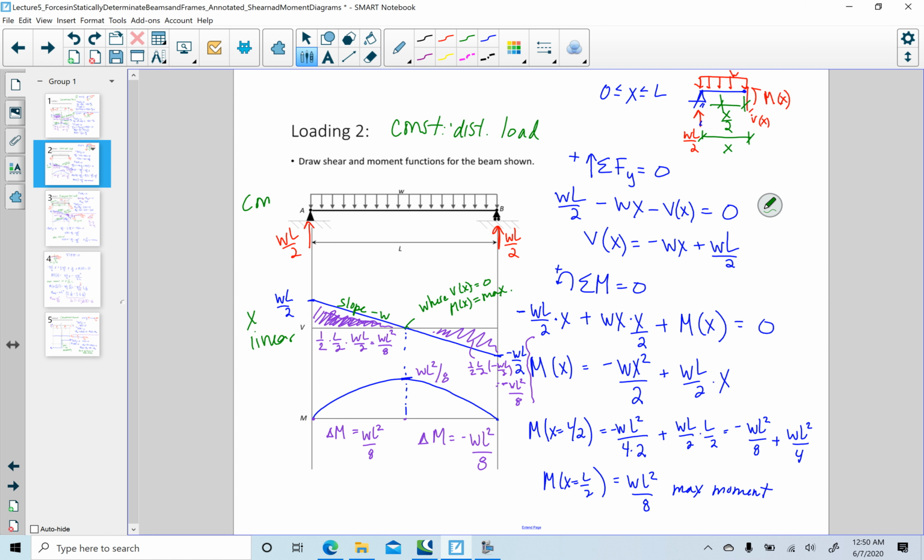This is constant, linear, quadratic, x squared. Again, you can use the shear to find the change in moment and find out where the maximum moment occurs.